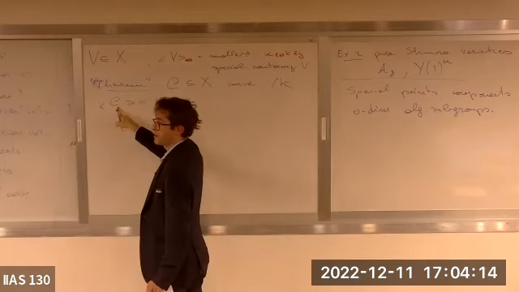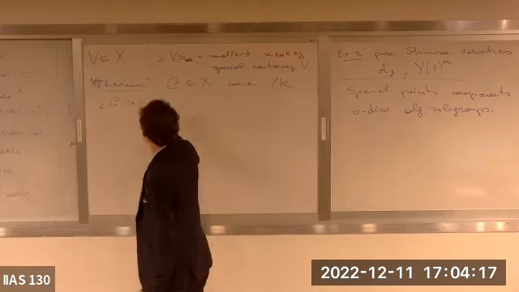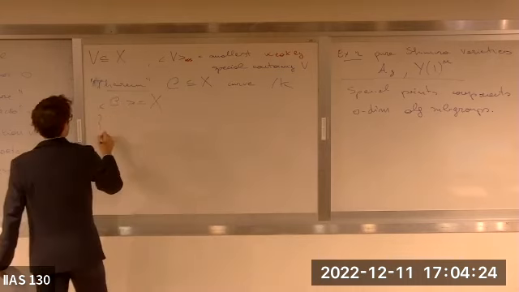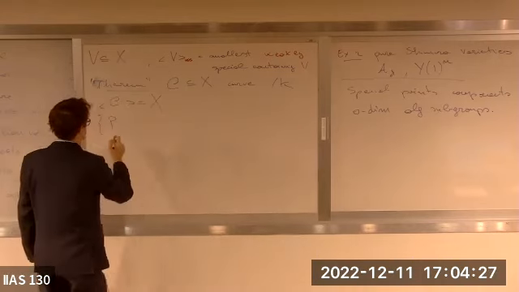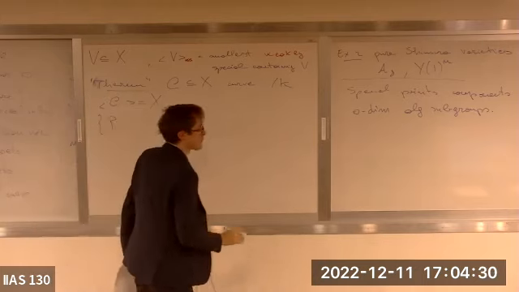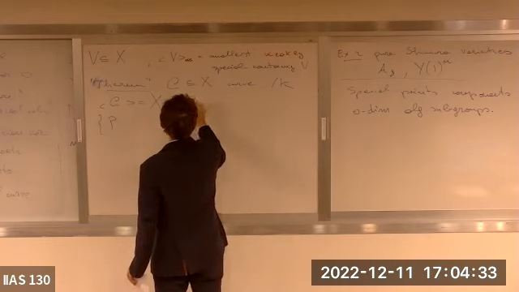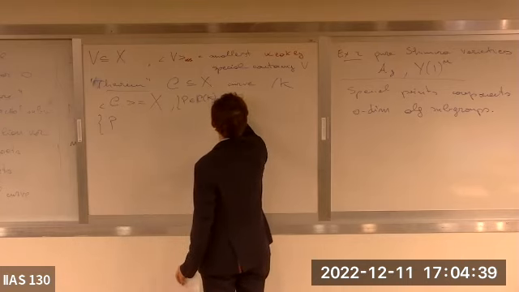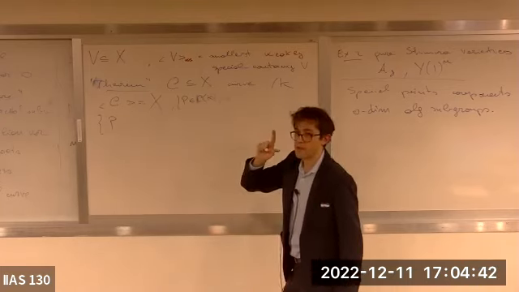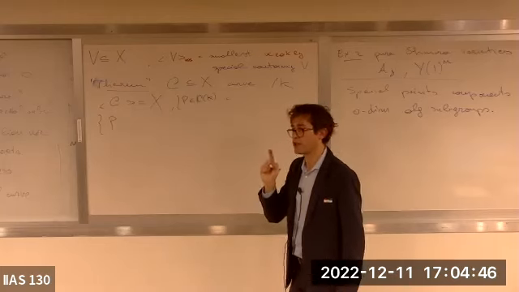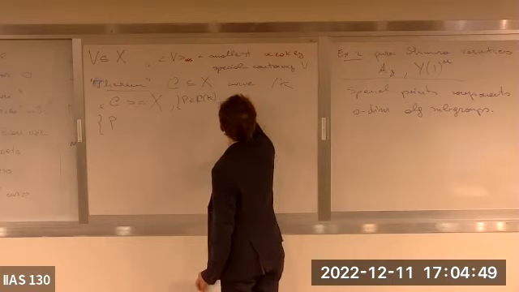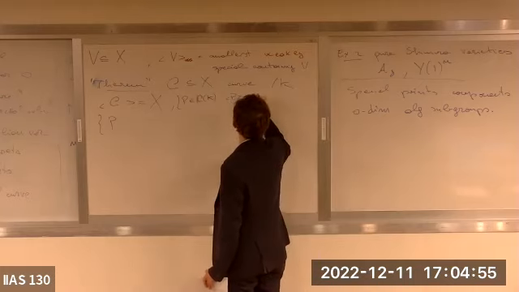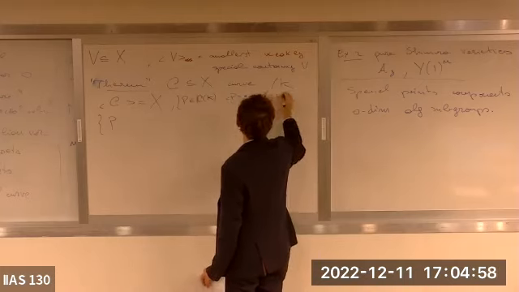I take a curve that is not contained in any proper special subvariety, so the special closure is X. Then if I look at the points of the curve over K such that they lie in a special subvariety of codimension at least 2, the smallest special subvariety that contains P has dimension at most dimension of X minus 2. This set is finite.